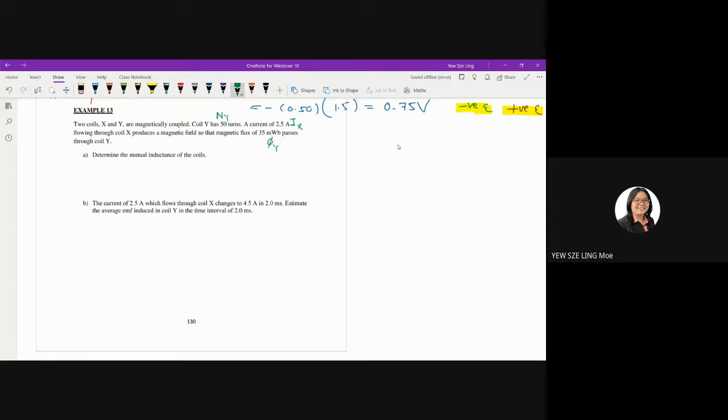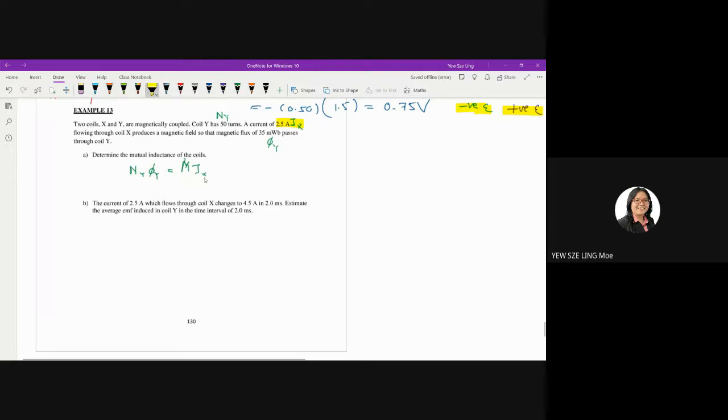Question A: determine the mutual inductance of the coils. Obviously, we already know how to use the equations because we have I_X. The equation works as N_Y flux_Y equals I_X M, or M I_X.